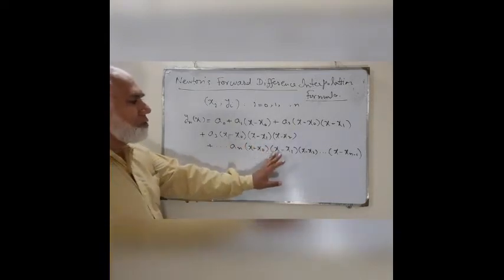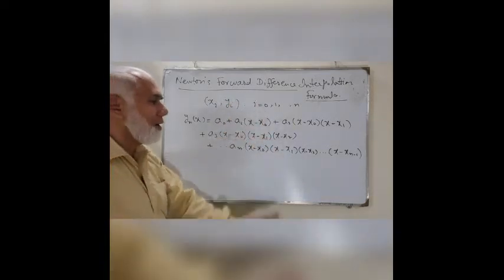So this is the polynomial which we are going to use to approximate this set of points.